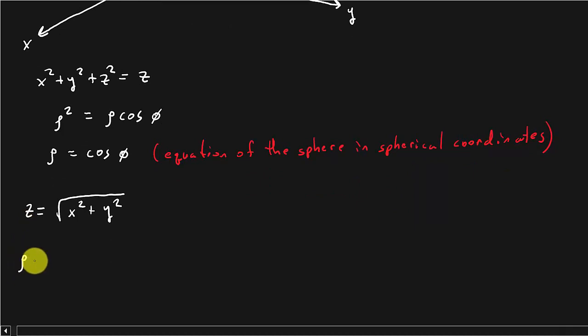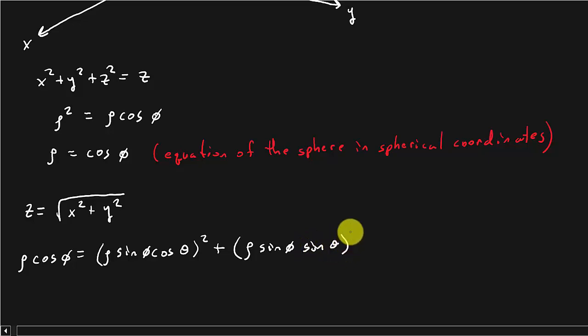That's rho times cosine phi, is equal to the square root of x squared, where x is rho times sine phi times cosine theta, squared, plus y, which is rho times sine phi times sine theta, all squared, and then I need the square root of that.